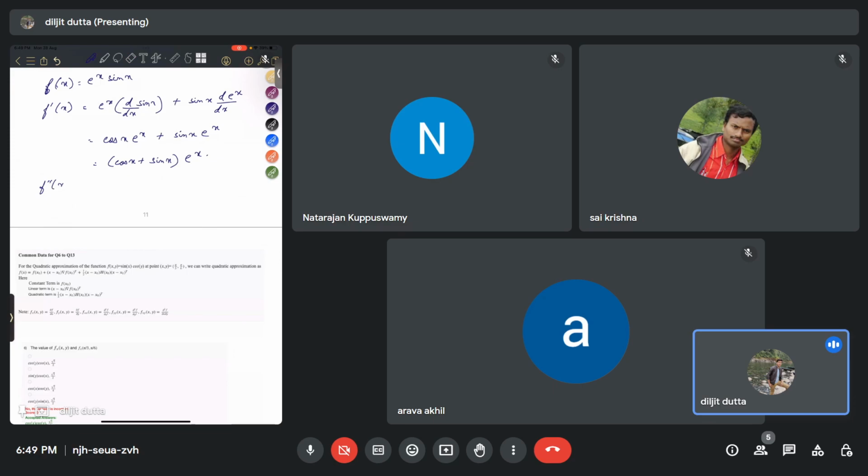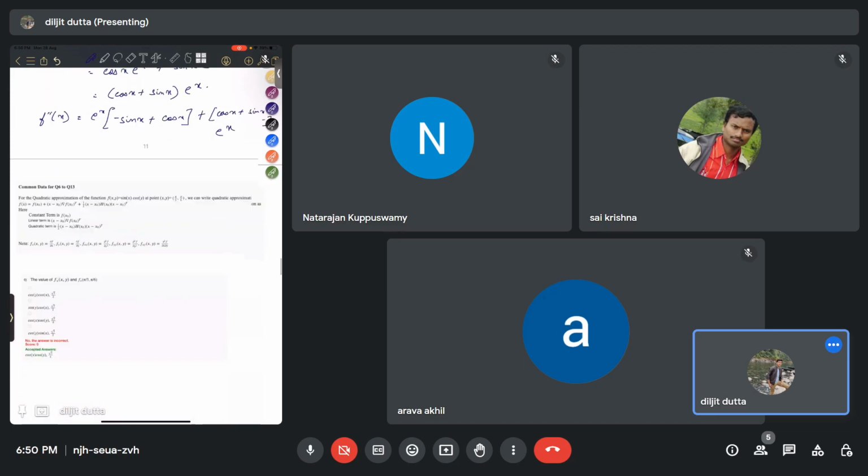Now f double dash x. So differentiate this once again. So again it will be e to the power x into differentiation of this one. Differentiation of cos x is minus sin x, plus differentiation of sin x is cos x, and plus cos x plus sin x into differentiation of e to the power x is e to the power x.